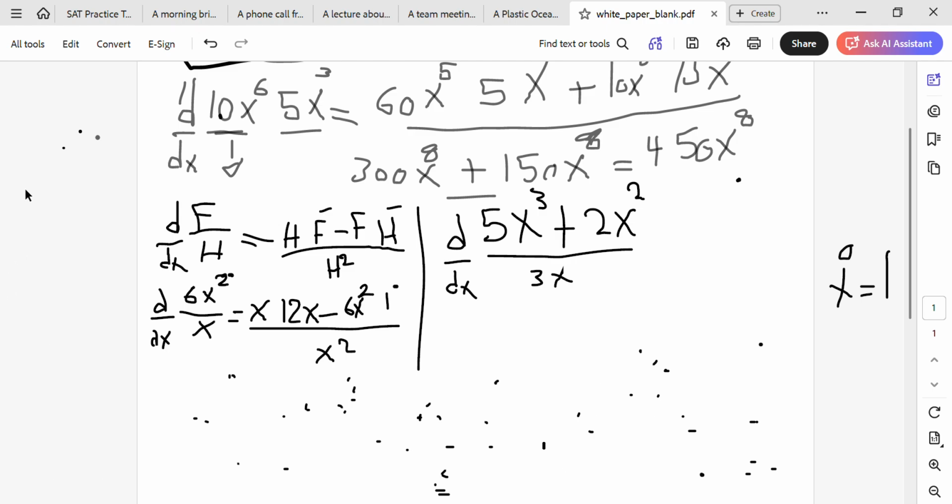So, did you already solve it? Okay, let's try to solve it together. I have 5x raised to the power 3 plus 2x raised to the power 2, all divided by 3x.